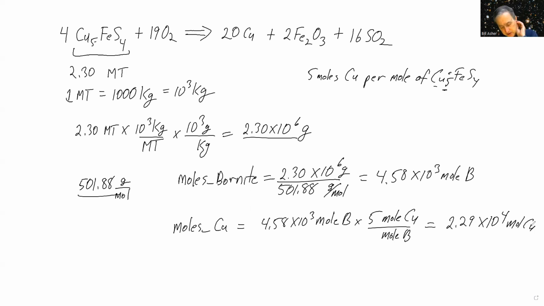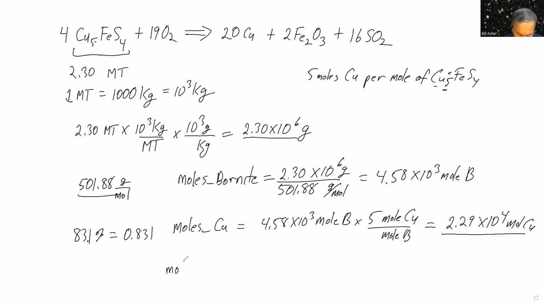And then the next part says, well, what's the mass of copper produced? And then you have to take into account the yield, which is 83.1% yield of copper, which means that 83.1% of the total moles of copper is going to get produced. So 83.1% in fraction is equal to 0.831.